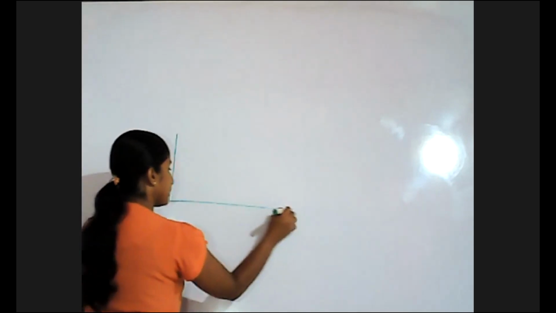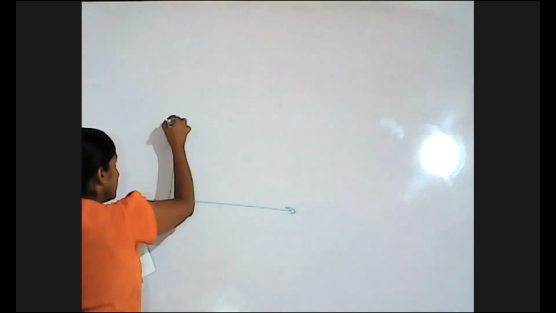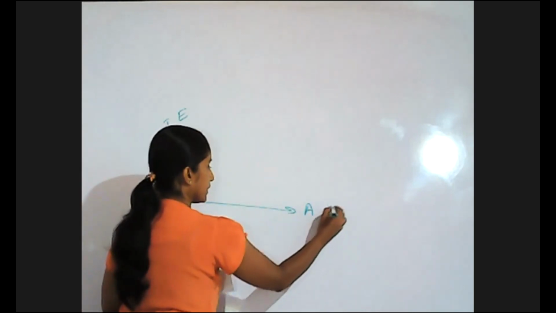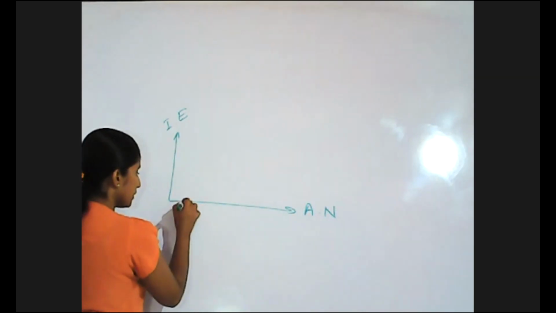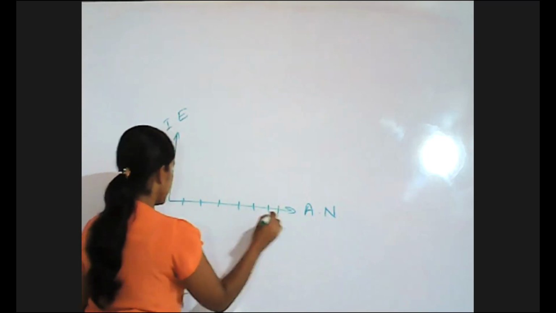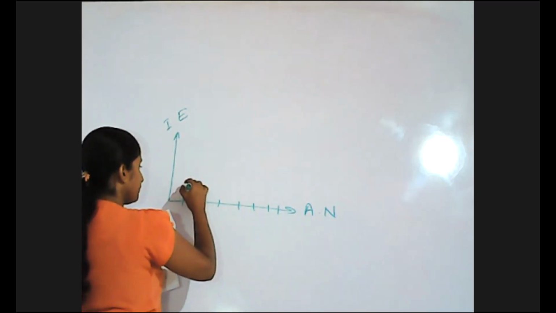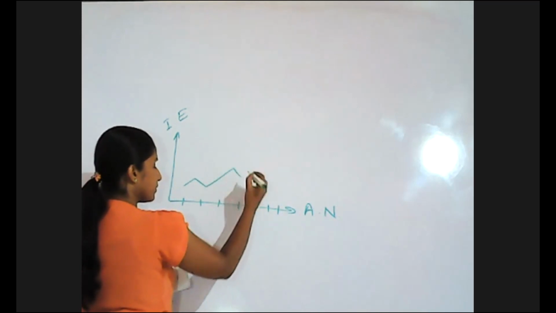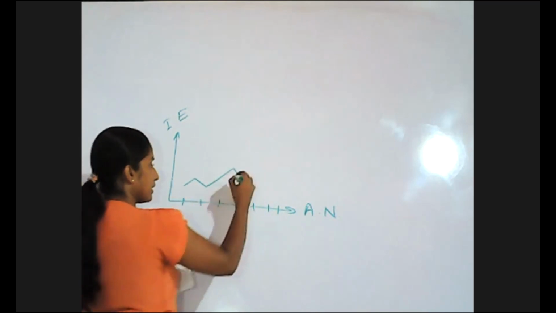When we draw the graph, atomic number here, and put the elements in this way, normally first, second, third, there's a gap, and fifth one, sixth one, there's a gap.